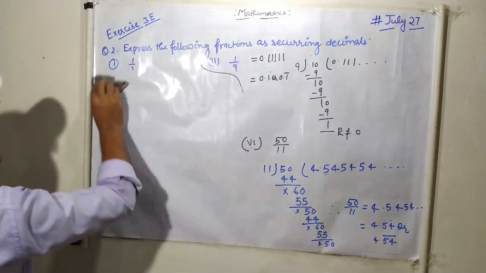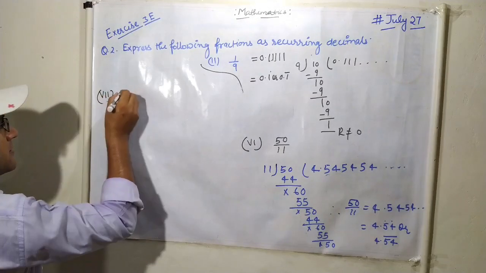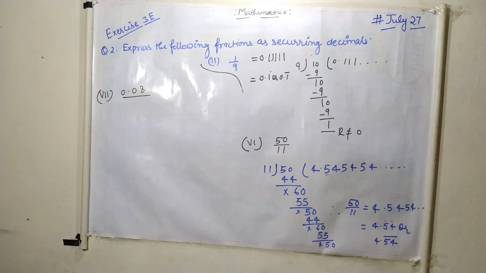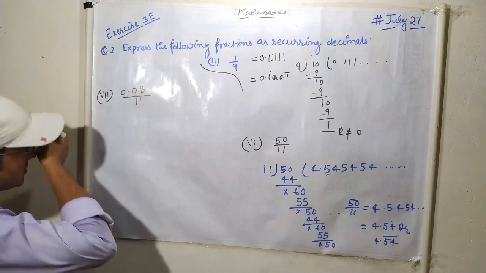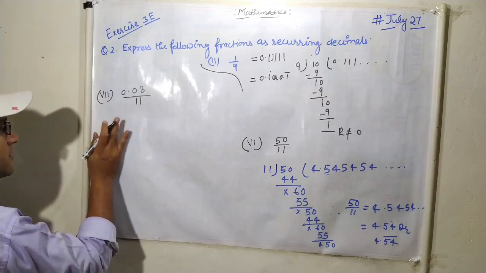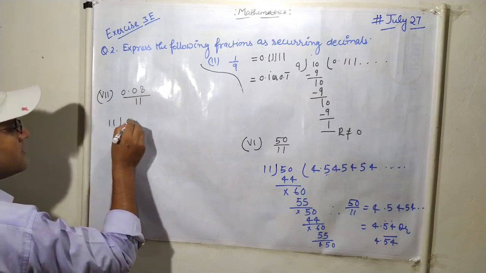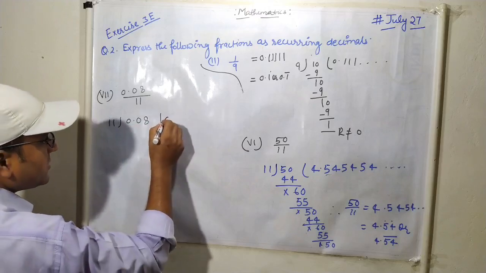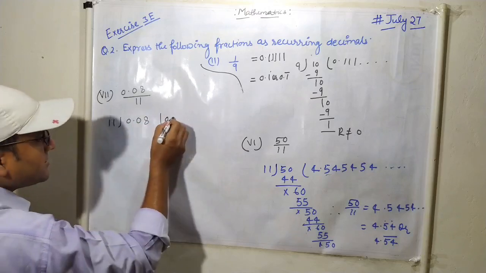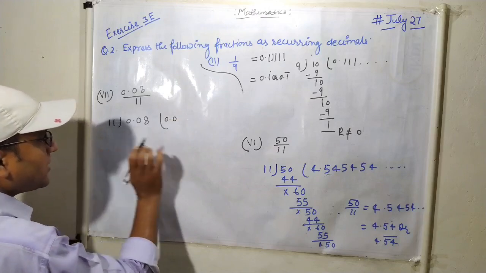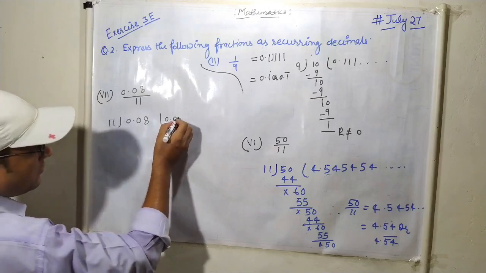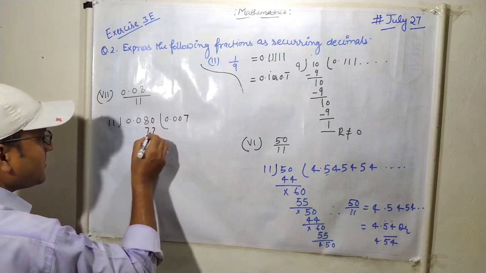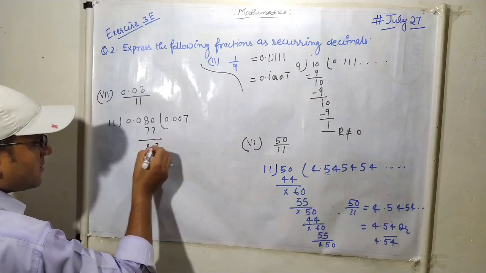Next one is question number 7. After this I'm going to question number 7: 0.08 upon 11. So I'm going to do this division by using the long division method. 0 is not divisible, so take 0 point in your quotient, because 0.8 is not divisible, so you can add 1 zero. 80 is divisible, so 7 times 11 is 77, remainder 3.